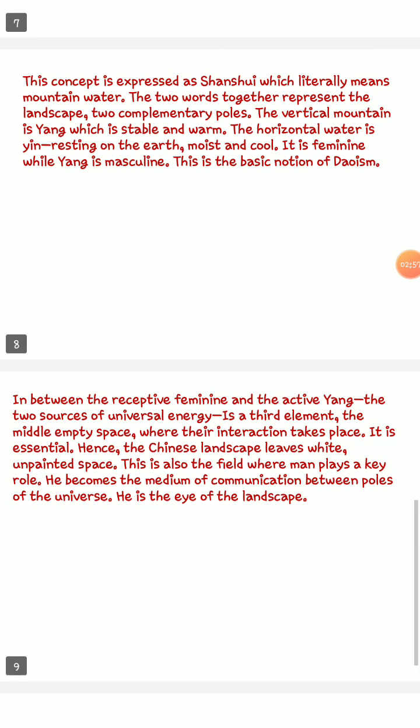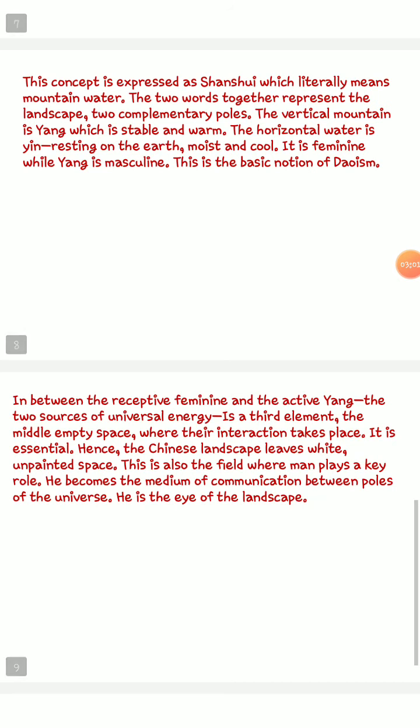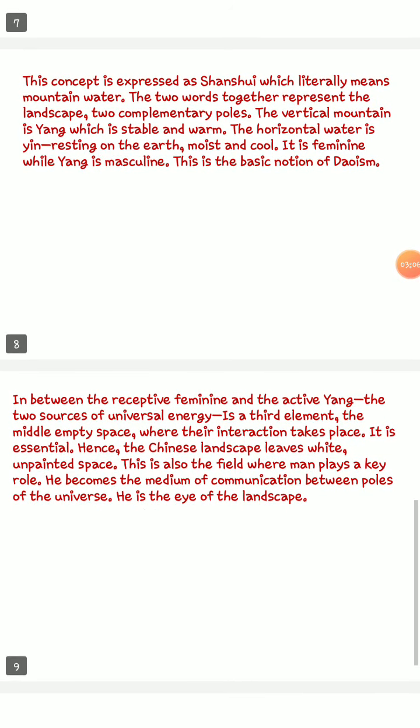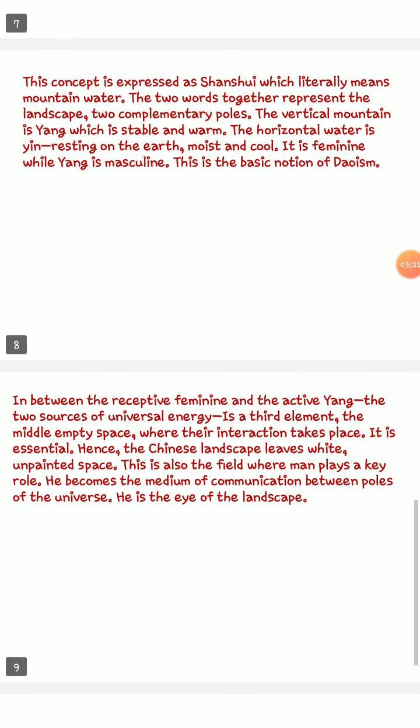The essential third element is referred to as the middle void. The empty middle space or middle void region. Void means something that is empty. Empty space or empty void region where their interaction takes place. Interaction between whom? Between yin and yang. Masculine, feminine. It is essential.